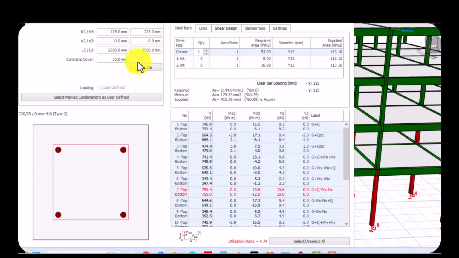Okay, so let's increase the cross-sectional area to 300 by 300. I'll recommend that for multi-story buildings. I'll always use 225 by 450 because it's safer.